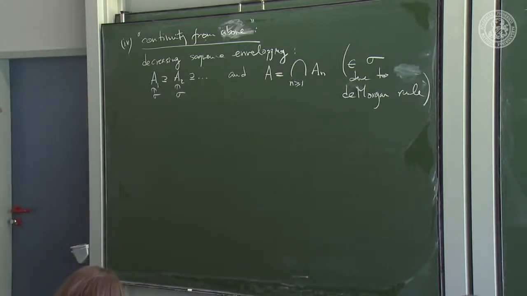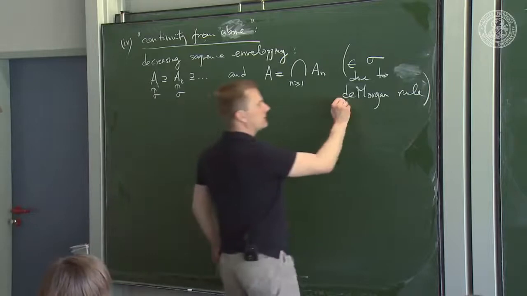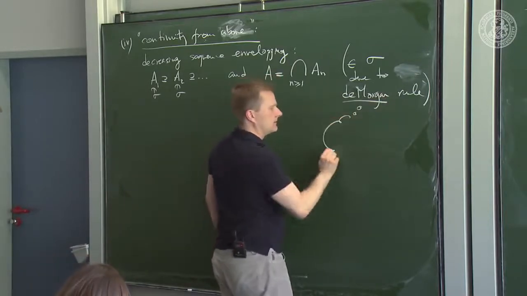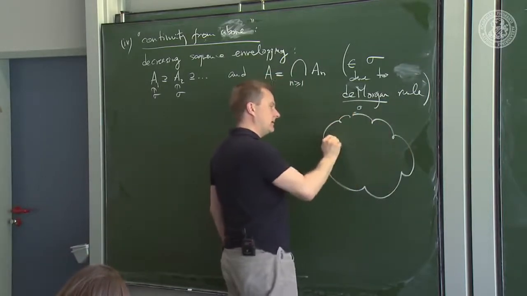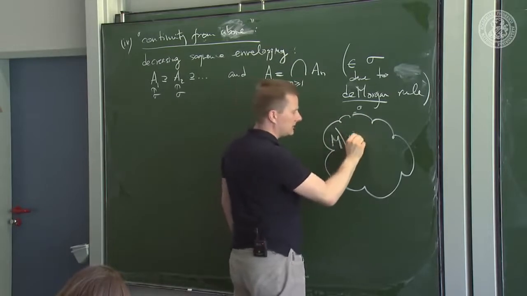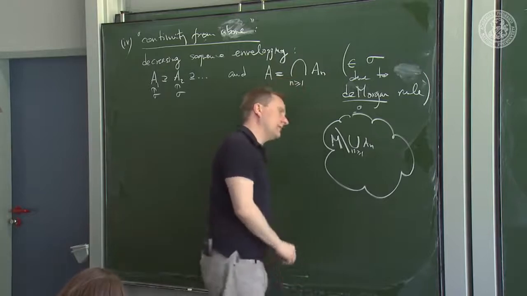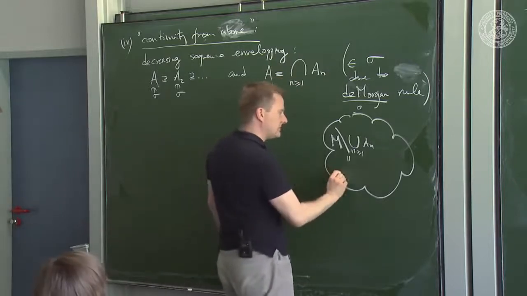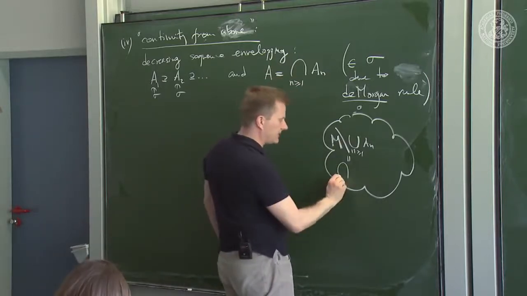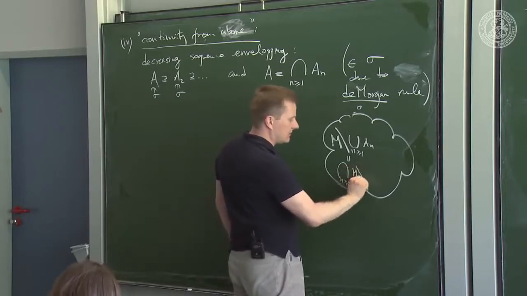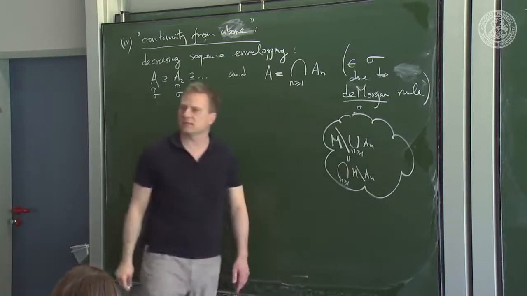So you know that, right? If you take the complement of a union, well, in our case like this, then that is the intersection, the sign flips, that's the intersection of all the complements.